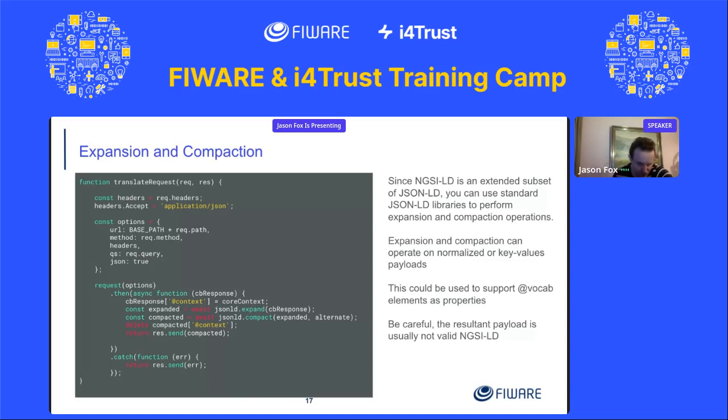The data transfer is the normalized format, so you can run this properly on your data, and it can come out as necessary. What I've got up on screen is a very simple Node.js function. You could do it just as easily in Java, Python, C++, whatever language you like. There are multiple libraries out there, and I believe they're all linked on the JSON-LD GitHub as well.